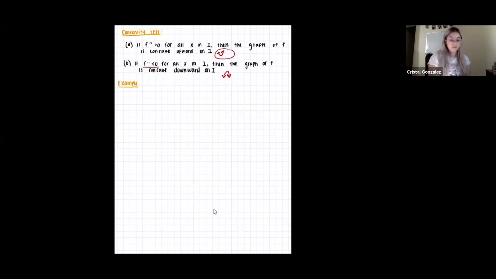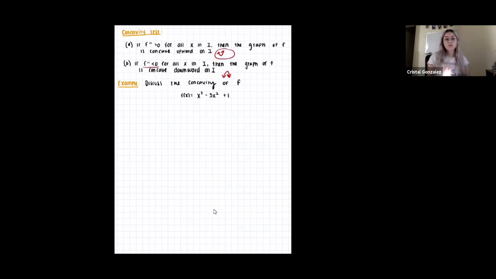So for example, we were to discuss the concavity of this function f, where f of x is equal to x cubed minus 3x squared plus 1.